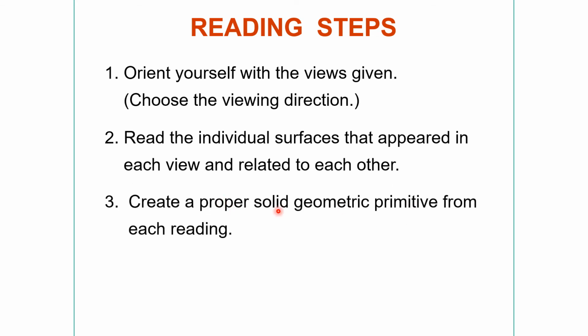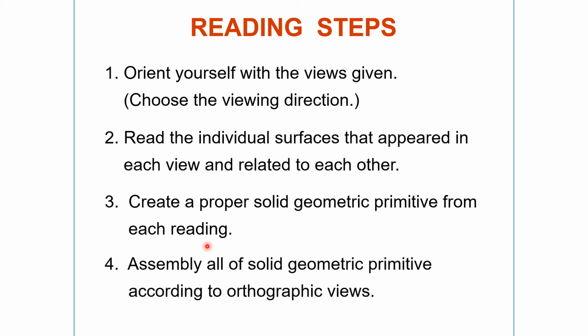Create a proper solid geometric primitive from each reading, for example if there is a circular hole, read it from each drawing. Then assemble all solid geometric primitives according to the orthographic views. When I show you an example, all these steps will be clear to you.